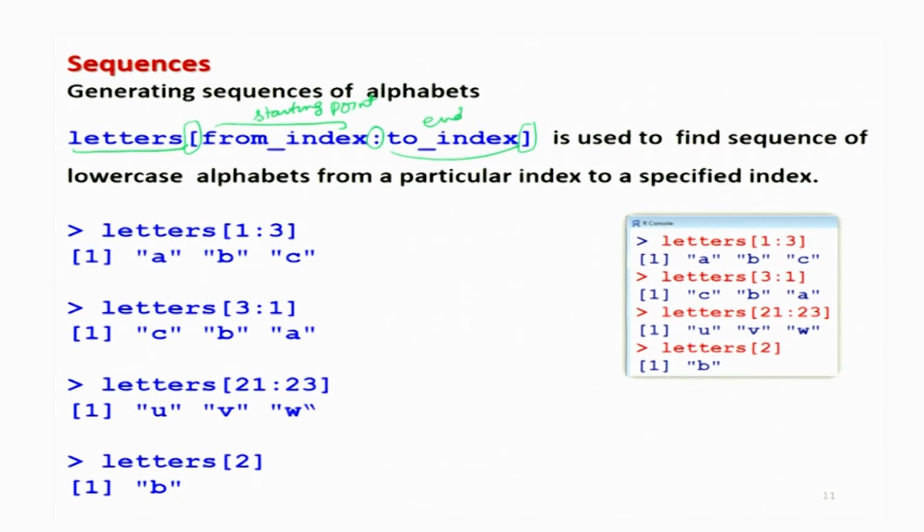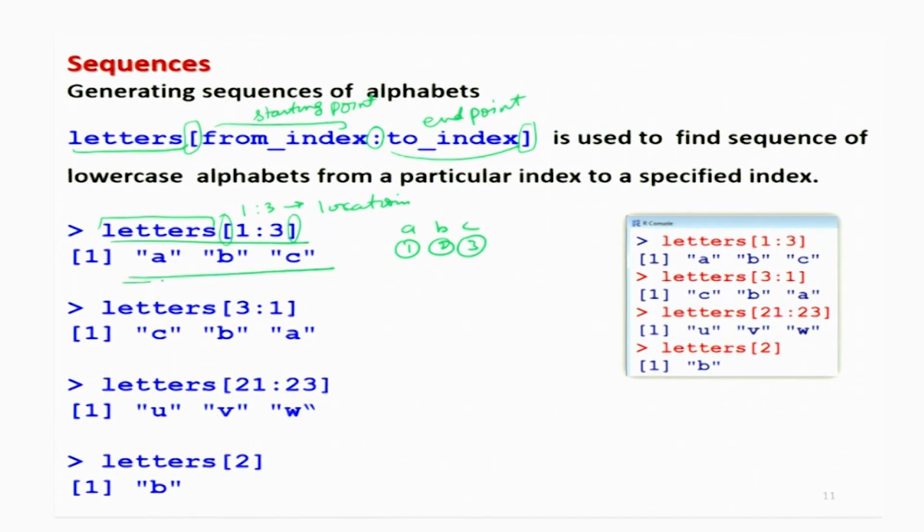For example, if I want the alphabets occurring at the first, second and third positions, I write LETTERS, then inside the square brackets 1:3. So these are the locations of your alphabets. Now you can see the first 3 alphabets A, B, C, whose locations are 1, 2 and 3 respectively, will come here.